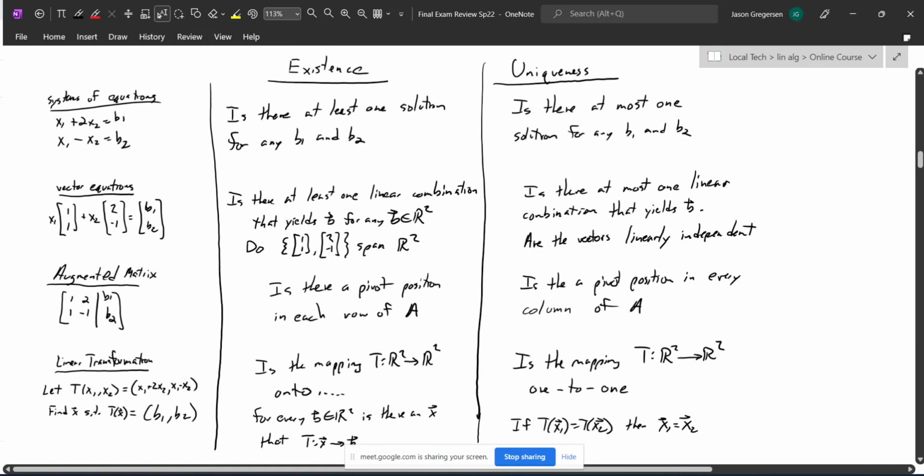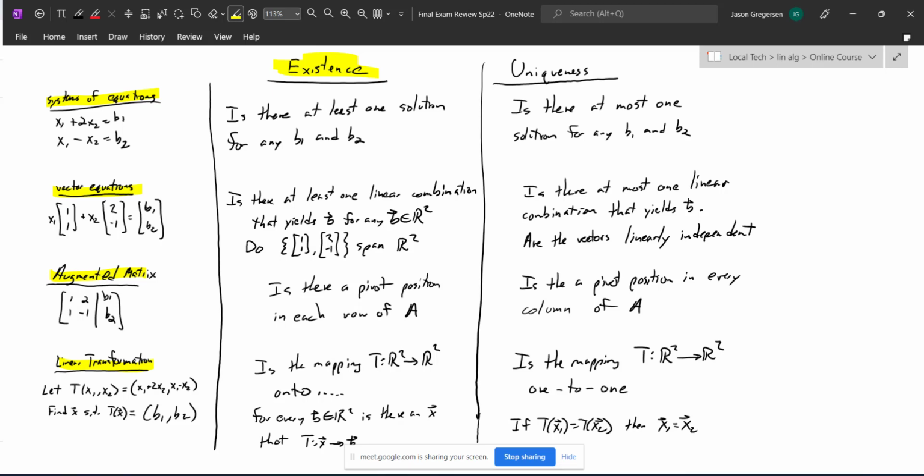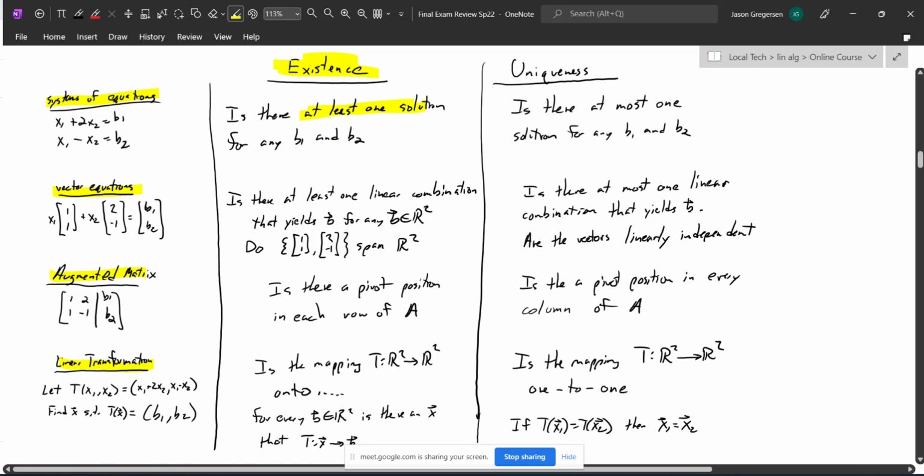The idea is that we have our representations over here on the left. And then if I want to talk about the existence of solutions, what would it mean for there always to exist at least one solution? Well, then we have four different ways to express that idea. In terms of a system of equations, we would say that there's at least one solution for any b1 or b2, no matter what the right-hand side is.